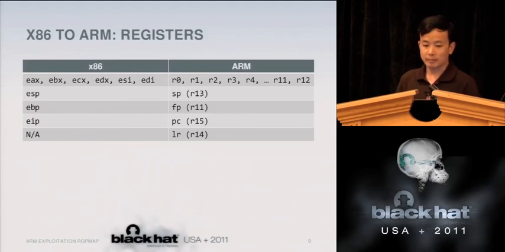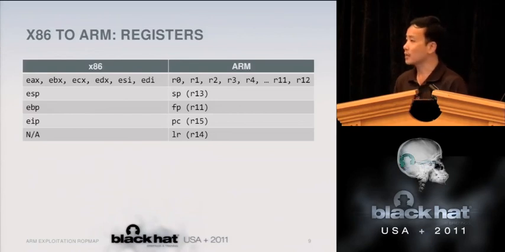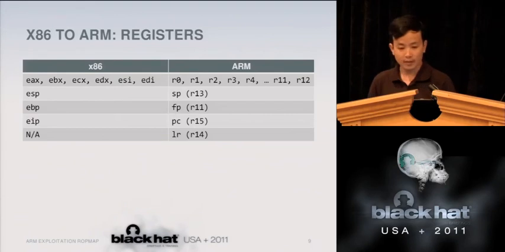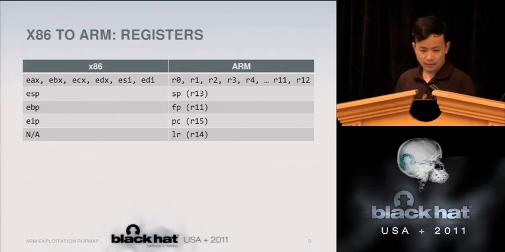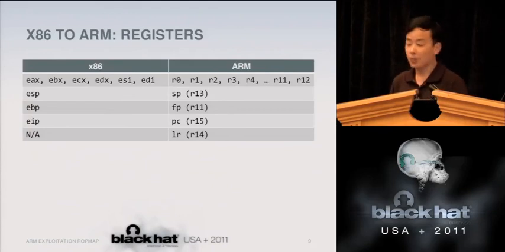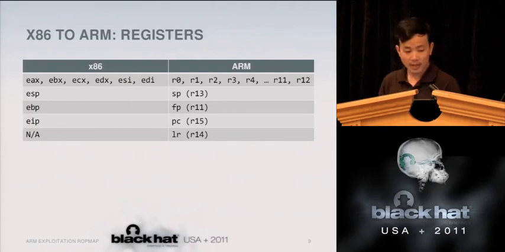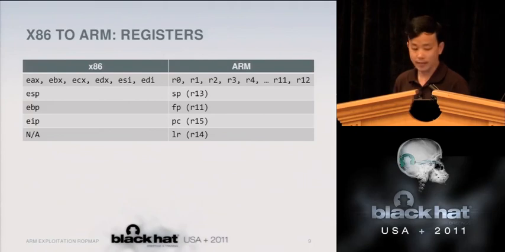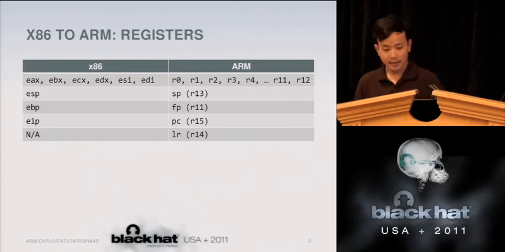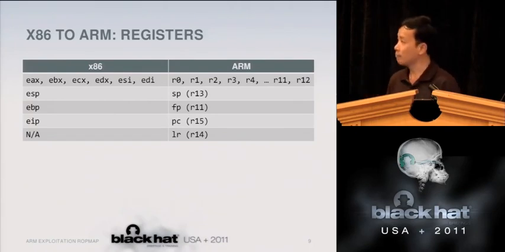There are also some special purpose registers that are permanently reserved. For the stack pointer, in x86 we have ESP, and in ARM we have SP. For the program counter, in x86 we have EIP, and in ARM it is named PC.